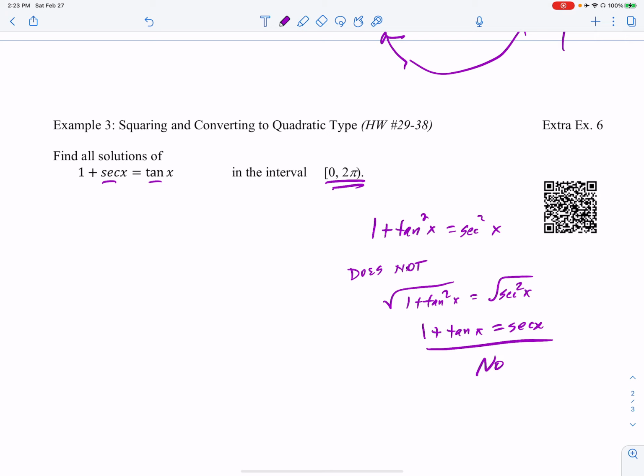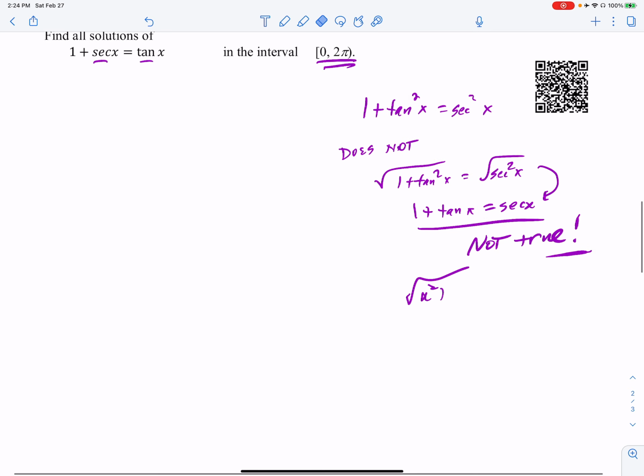This is not true. You can't do this. The square root of a squared plus b squared is not a plus b. It doesn't work that way.